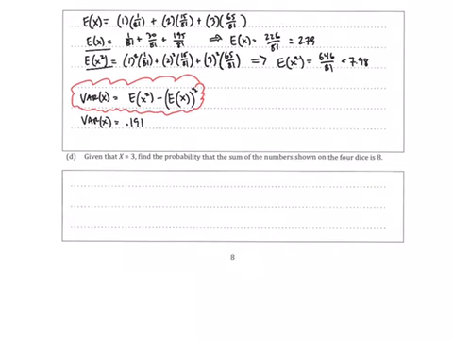Given that X equals 3, find the probability that the sum of the numbers shown on the 4 dice is 8. So let's use a little conditional probability and write this out here.